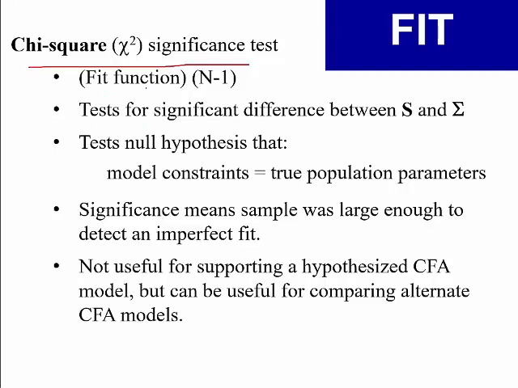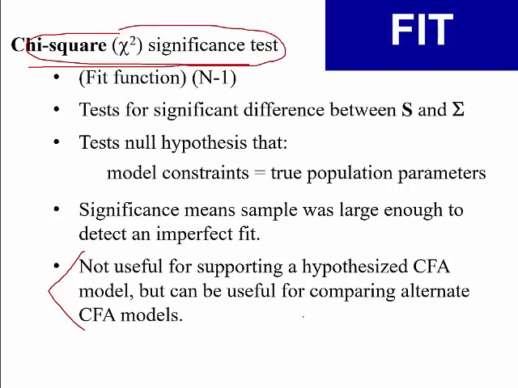So when we have a model that we're thinking of as an alternate model, we might want to reject, whether it's an alternate unidimensional model, say I'm doing a confirmatory factor analysis, and I have an alternate unidimensional model that I think isn't the real one, but I want to test it with the idea that I'm probably going to reject it. Or if I'm doing regression and I have two beta weights and I think they're different, but I'm going to test an alternate model where I constrain them to be equal and see if I can reject it, those are places where I would use a chi-square significance test.